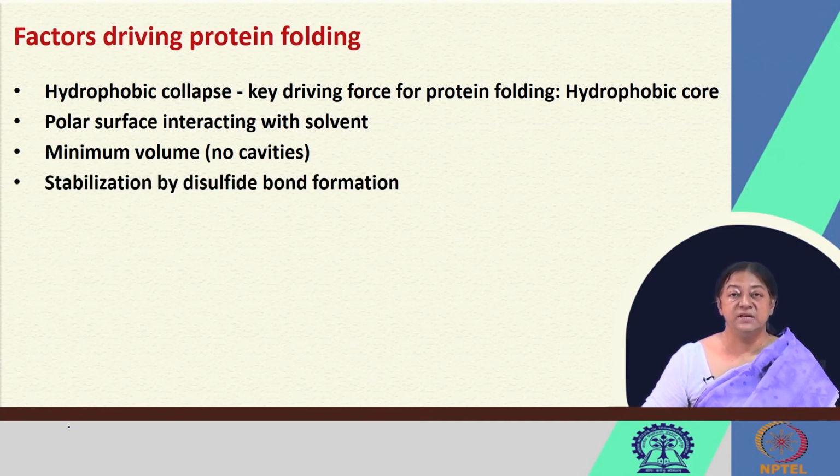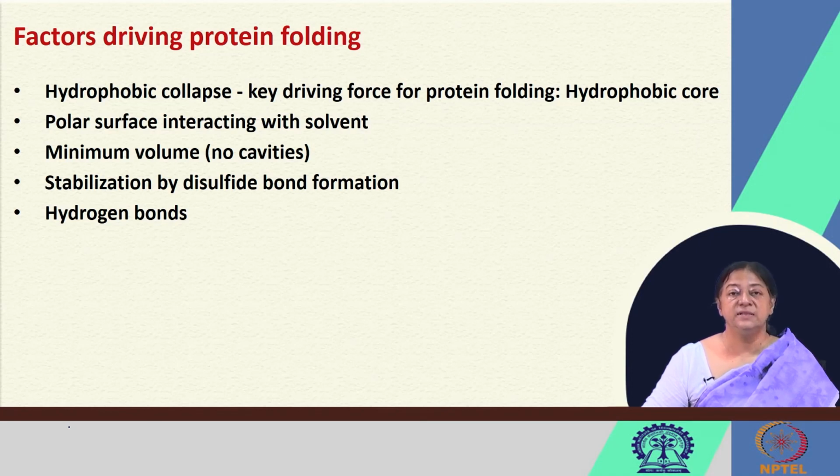Then we have the stabilization by other covalent bond formation, that is the disulfide bonds. Now, the additional aspect is hydrogen bonds that can occur, as we saw in the secondary structural elements, between the C=O and the NH of the backbone. In addition, we can have these hydrogen bonds between the side chains, and another is with the polar solvents.